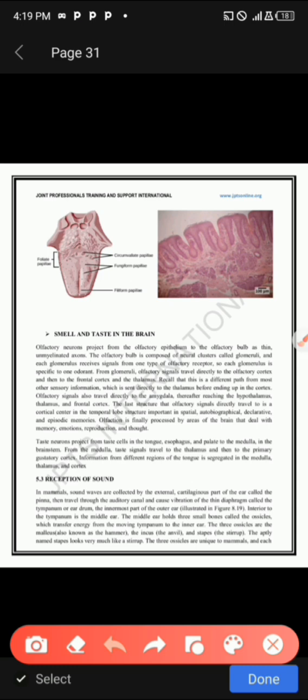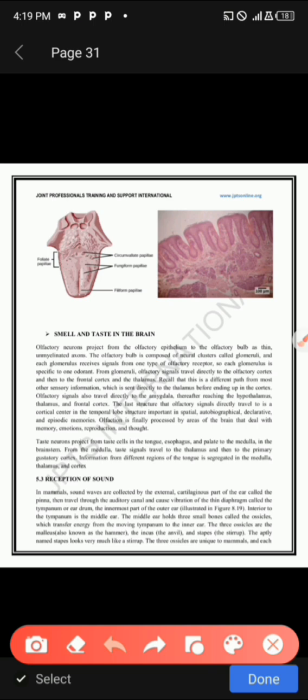The olfactory bulb is composed of narrow clusters called glomeruli, and each glomerulus receives signals from one type of olfactory receptor. This is talking about taste and smell. You need to know it so you'll be able to detect whether something is good or not.